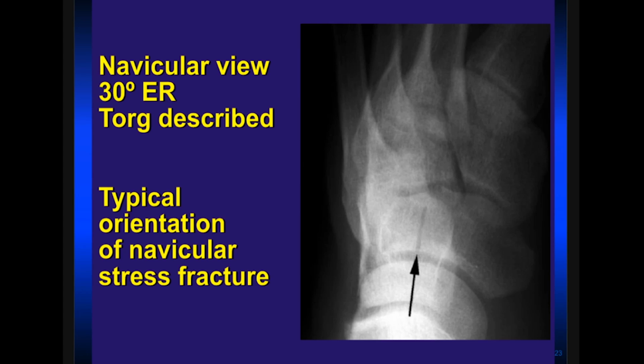Dr. Joseph Torg described this external rotation 30-degree navicular view that shows the navicular much better and will show a fracture. So if you suspect an athlete or patient has a navicular fracture, make sure that you get this externally rotated view and also get a comparison. And this is the typical orientation of the navicular stress fracture, perpendicular to the body of the navicular.